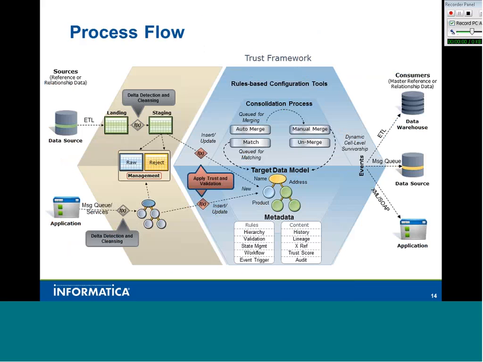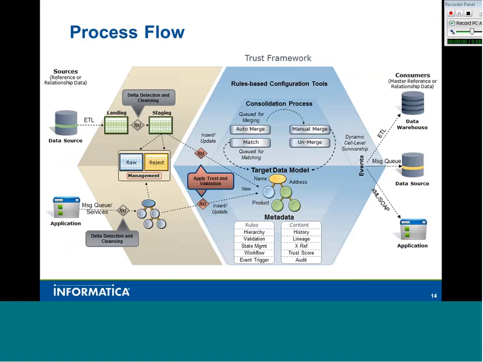Looking at the process flow of MDM, in a typical MDM situation, you're going to have data coming in through an ETL process into what we call landing tables. And through landing, the data is fed into the stage table. In this process, we do delta detection and cleansing of the data.